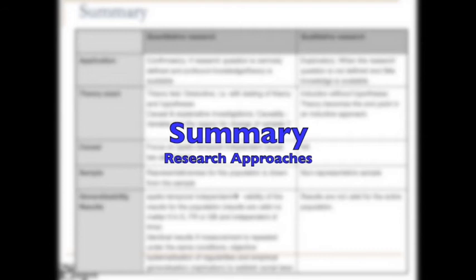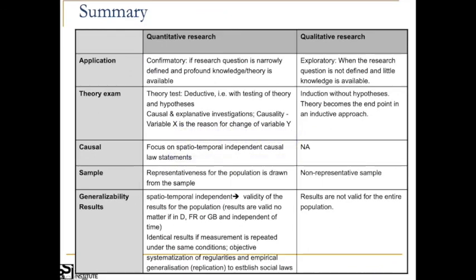So in summary, quantitative research is applied for confirmatory research if the research question is narrowly defined and profound knowledge and theory are available. Whereas qualitative research is more exploratory when the research question is not defined and little knowledge is available. For quantitative research, theories are tested.